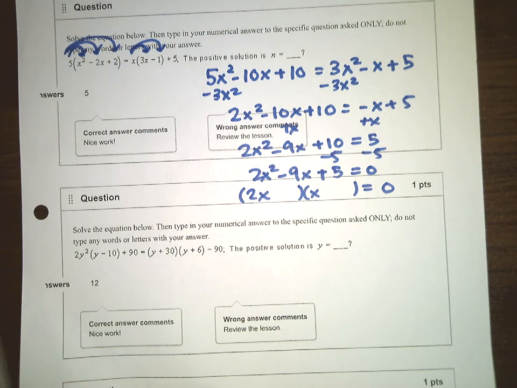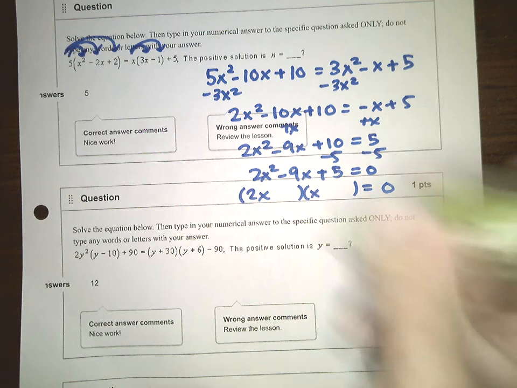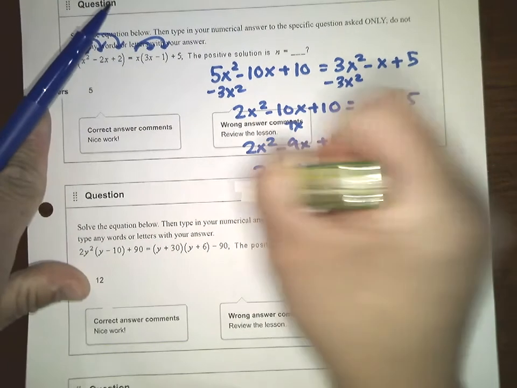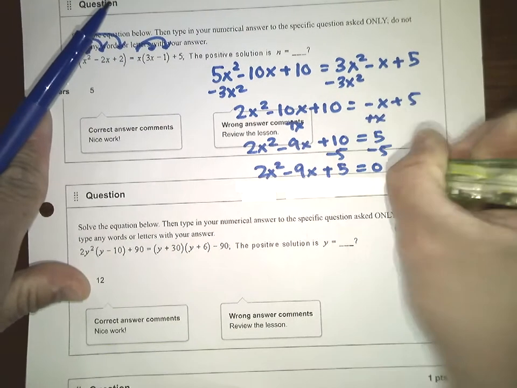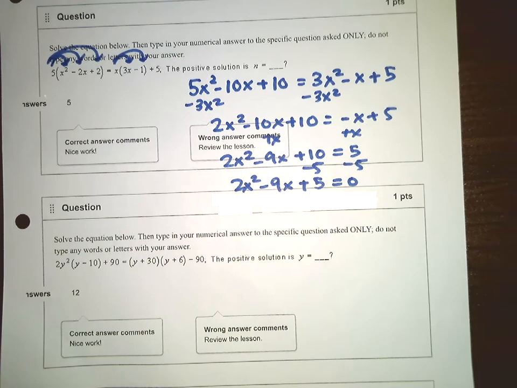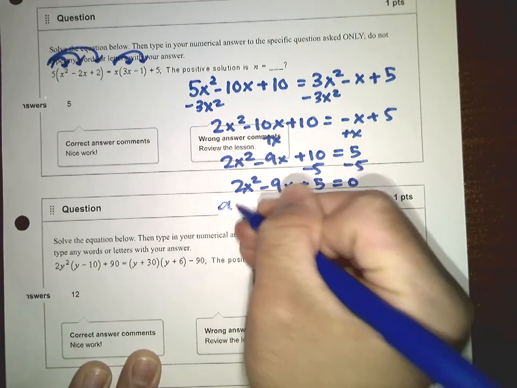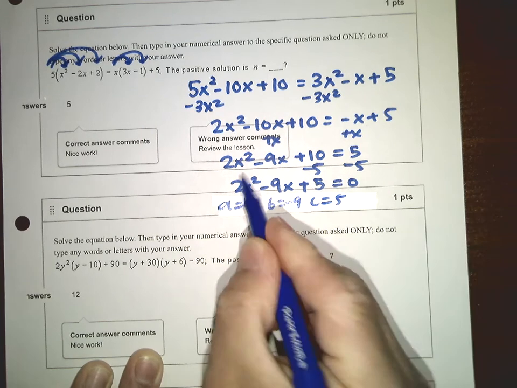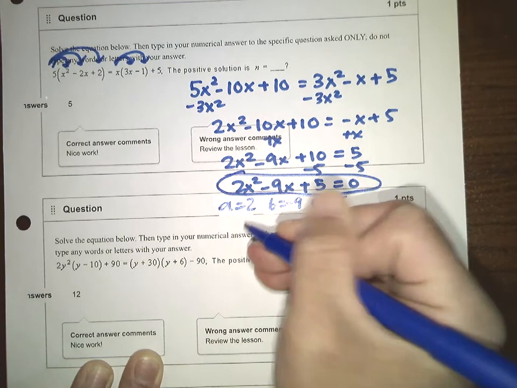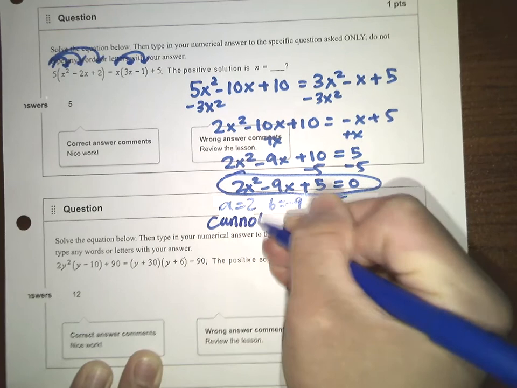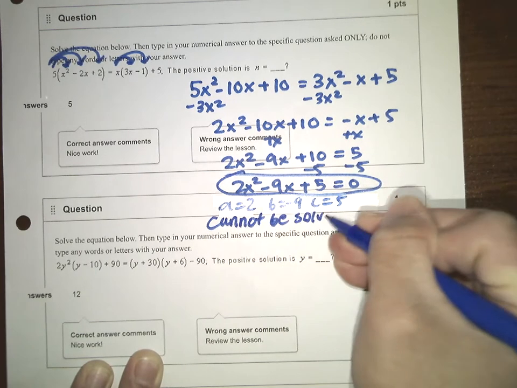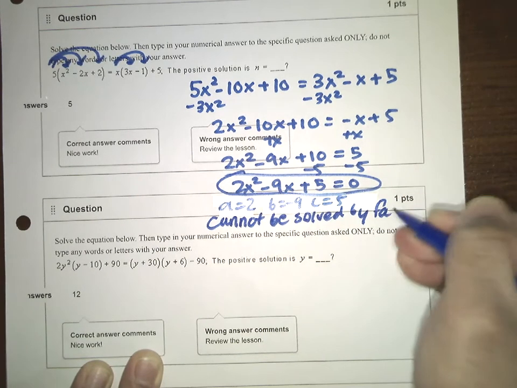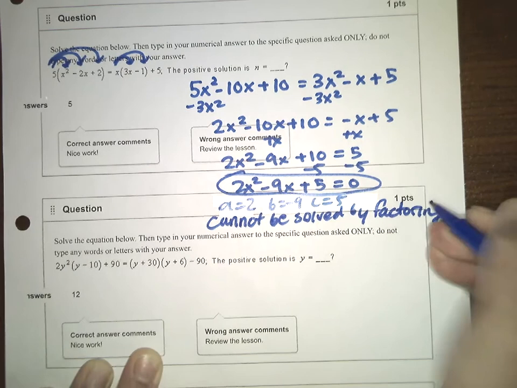I'll wipe this out so that I can write this right underneath it. But this is another one that if you let A be 2 and B be -9 and C be 5, this one actually cannot be solved by factoring. All right, so that cannot be solved by factoring.